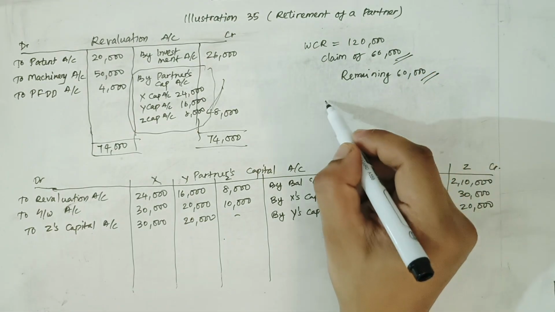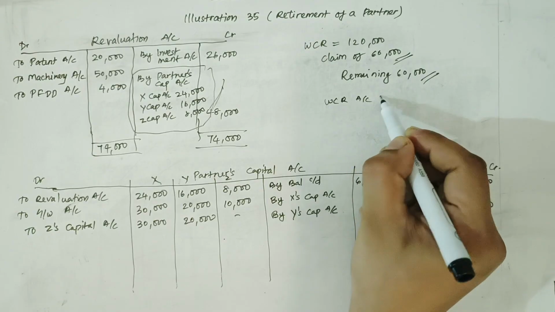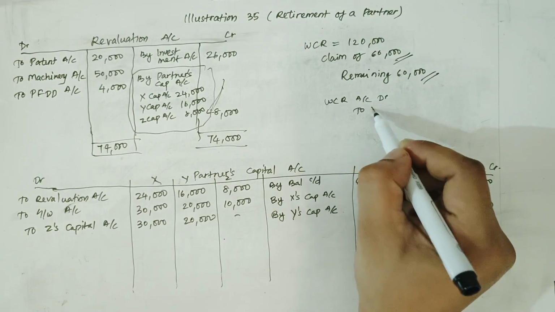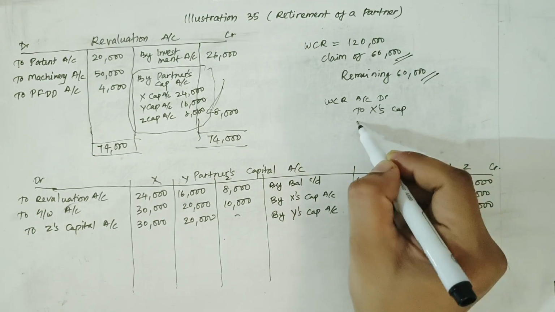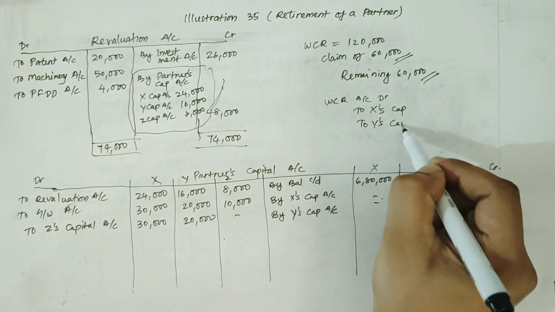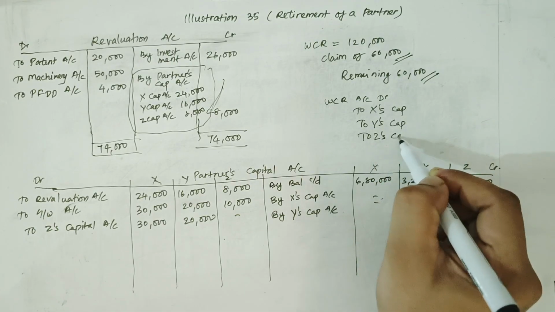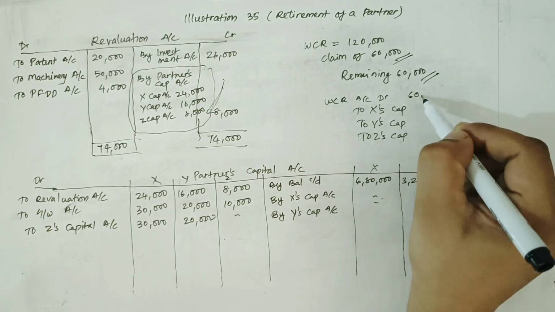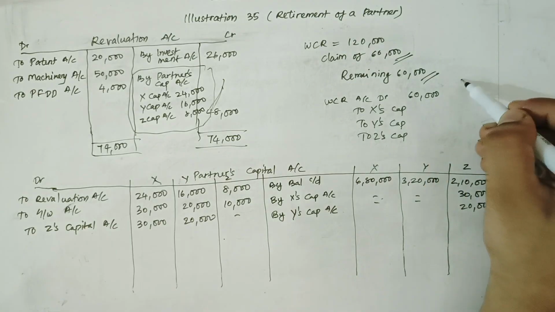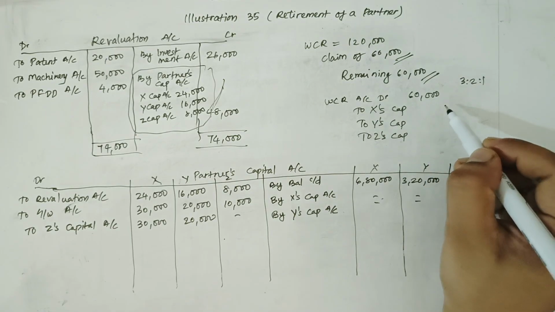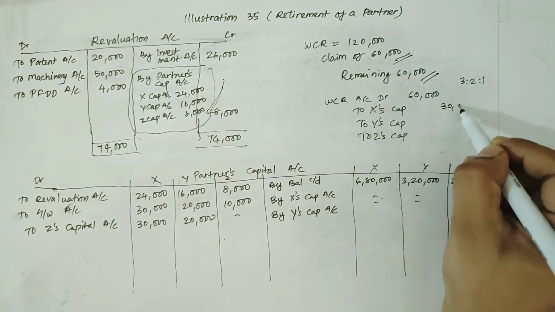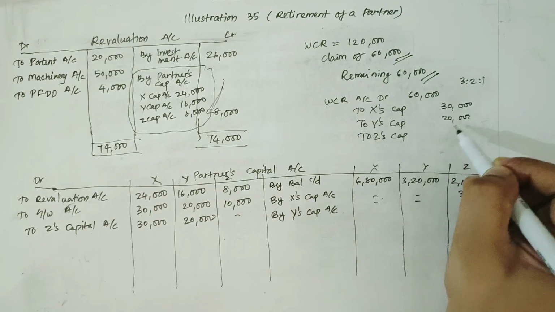The journal entry was workmen's compensation reserve account debit to partners, that was to X's capital account, to Y's capital account, to Z's capital account. The value was 60,000. It was distributed in the ratio of 3 is to 2 is to 1, old ratio, which is 30,000, 20,000 and 10,000.